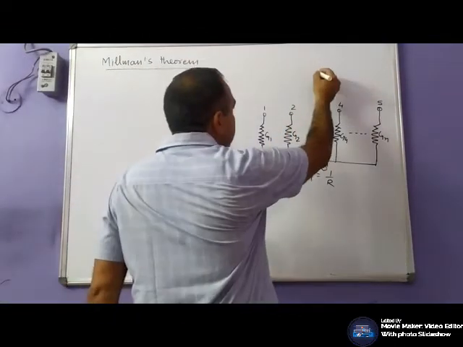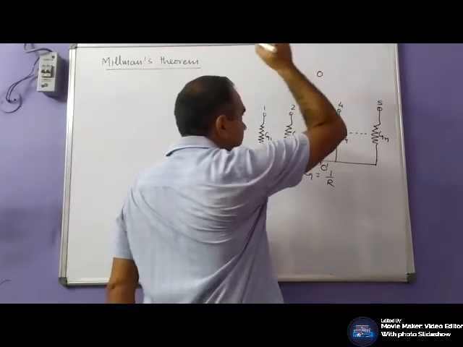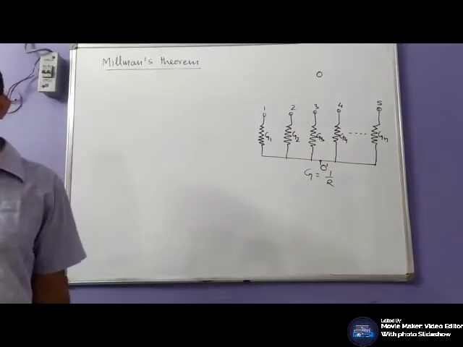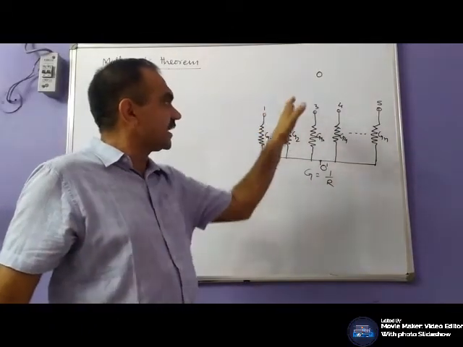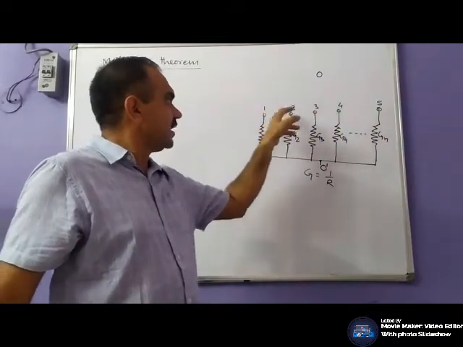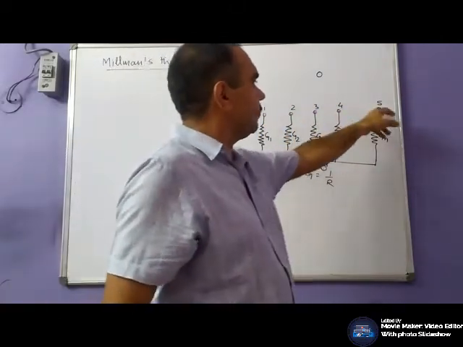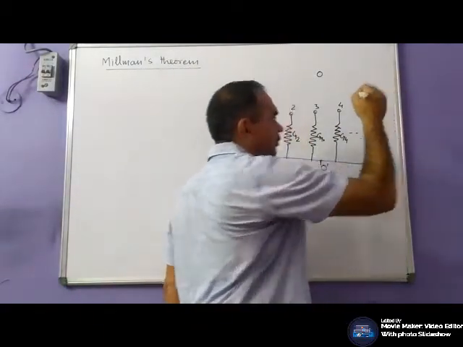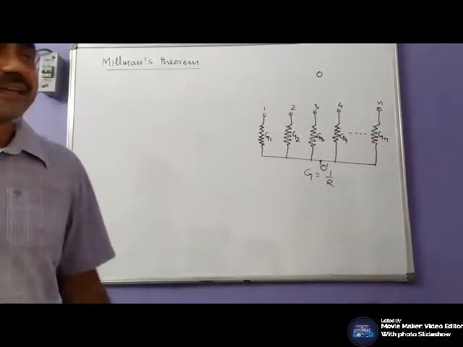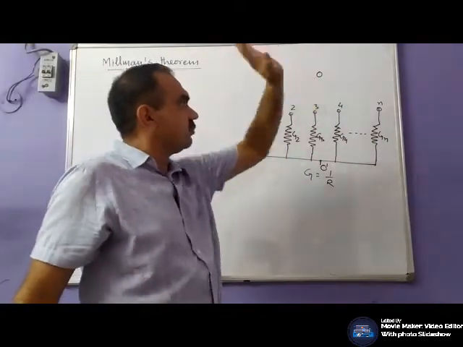Let 0 be any point we have considered. These all the points 1, 2, 3, 4, sorry, not 5, nth point, are connected to this 0 point.